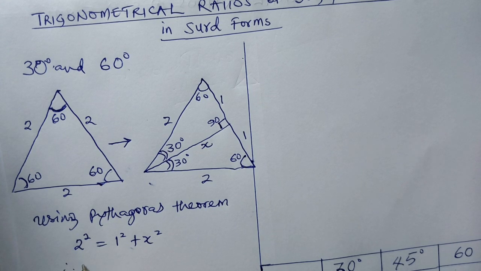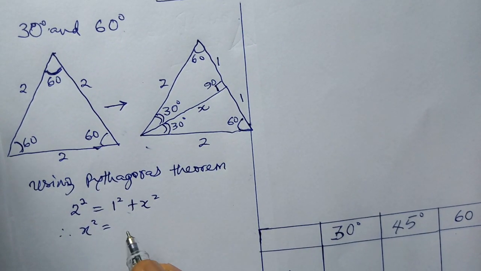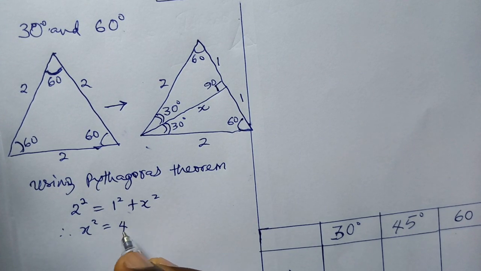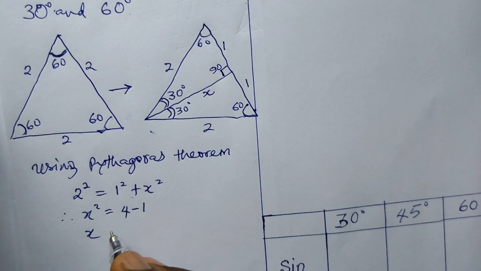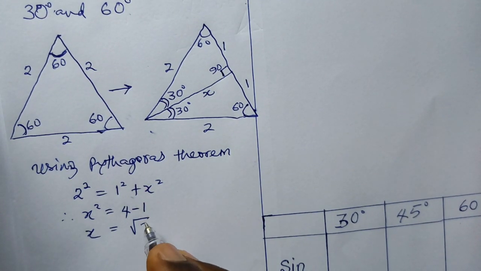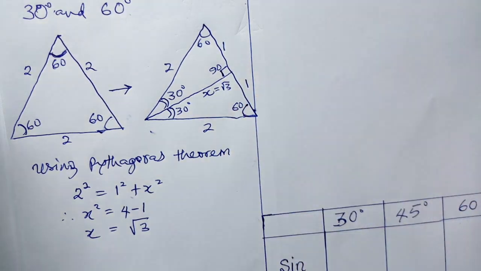Therefore, x squared is equal to 4 minus 1, and x is equal to root 3. Therefore, here is root 3.